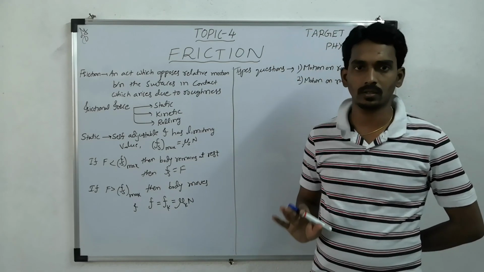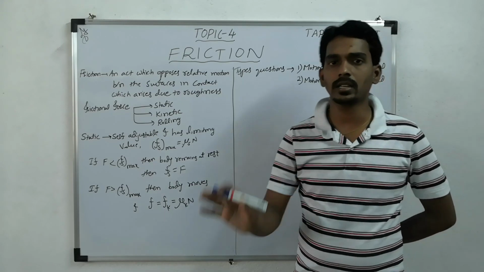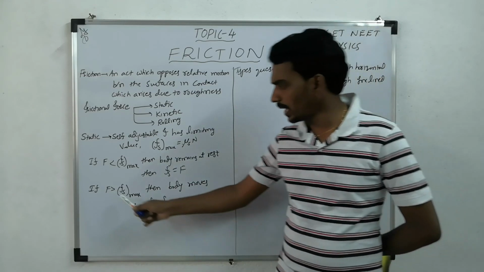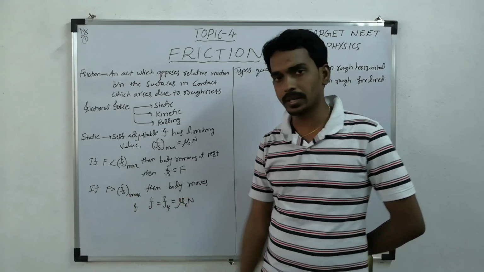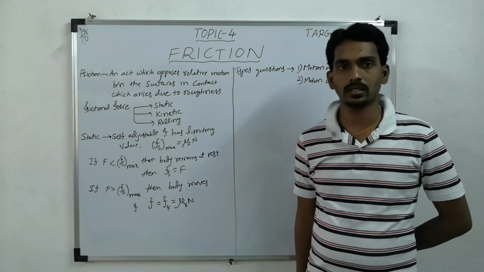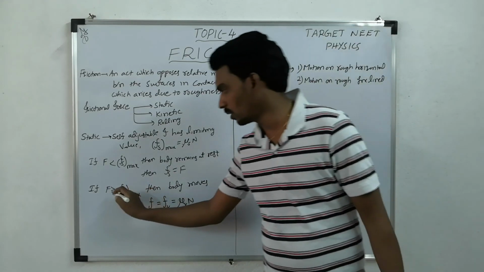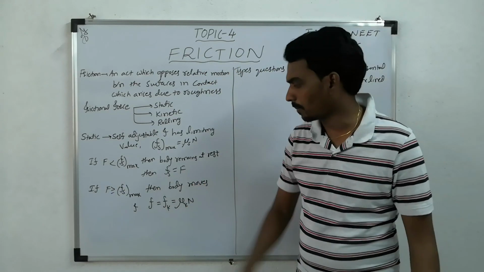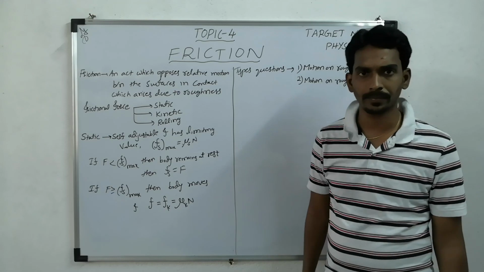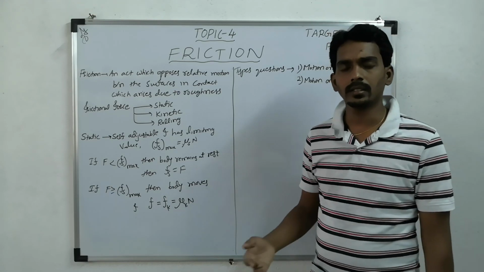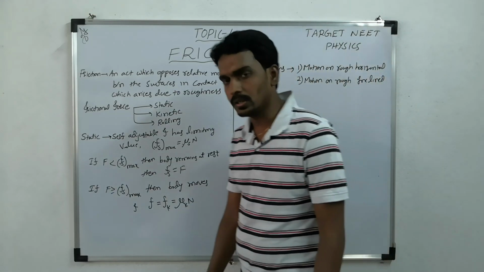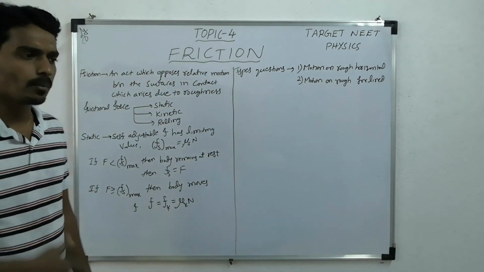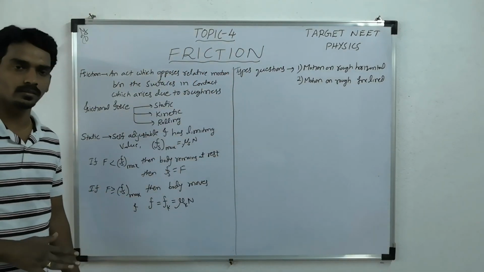So balanced, so no motion, so acceleration is 0. Once the external force equals or exceeds this limiting friction, you can take greater than or equal, then what happens? The body starts moving. When the body moves, the static friction converts into kinetic friction, because now the opposition value reduces.